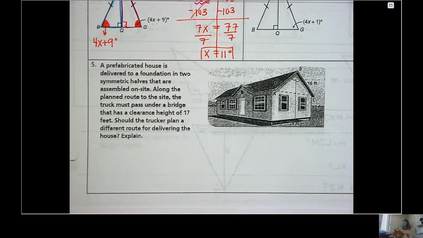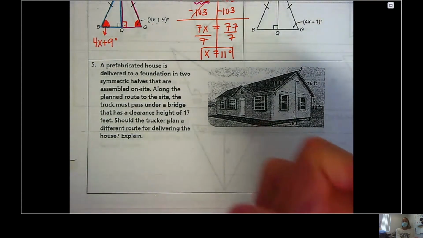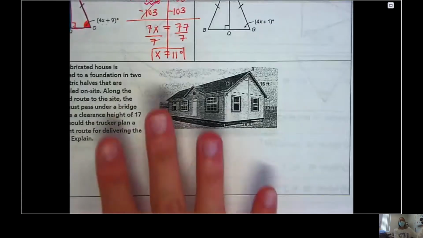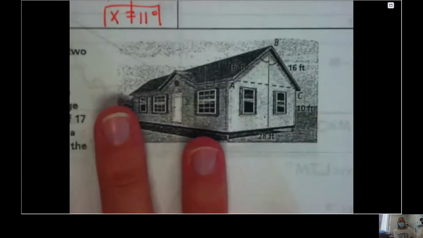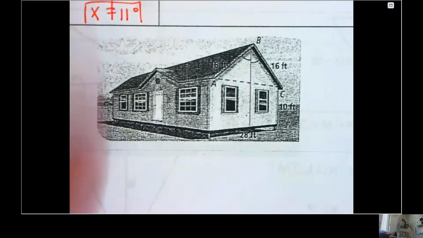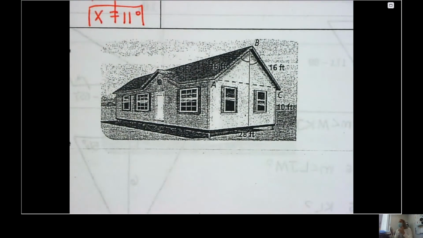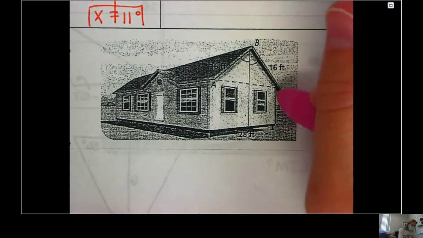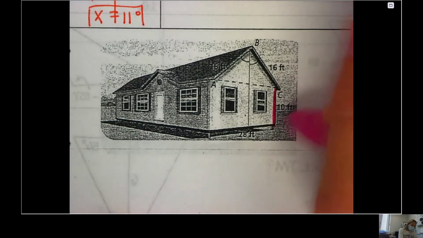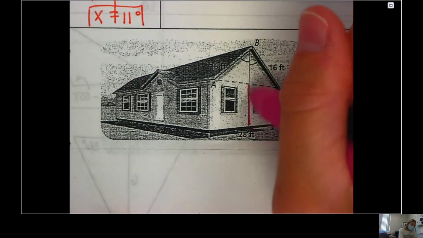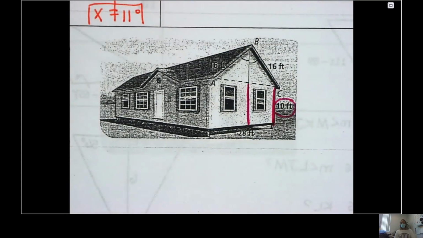So we want it to be either 17 or less than 17 in order to go on that route for this particular house. If you take a look at this picture, I want the height of my house to be either 17 or less feet. Now, you already know part of the house right here on the right is 10 feet tall.